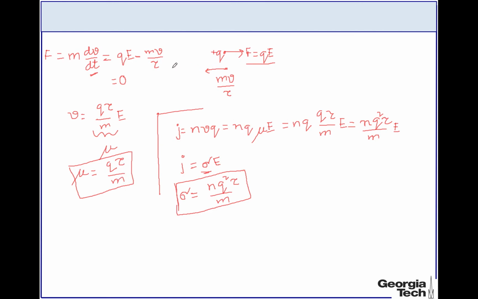And remember, this tau is a characteristic time for collision of the electrons, and this term is the drag force.